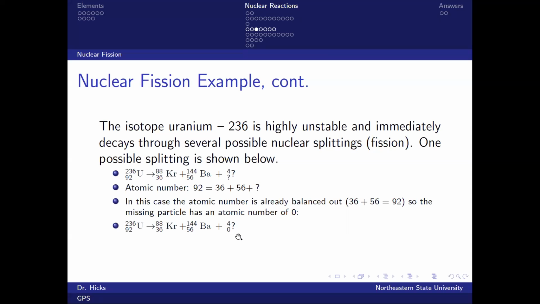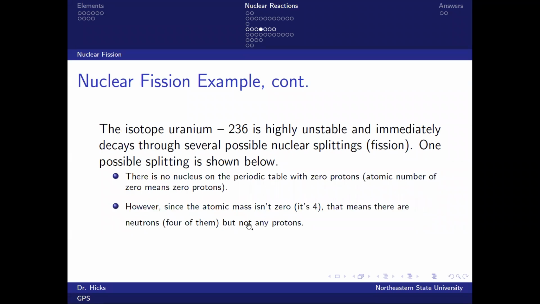Well, how many neutrons is that? Subtract the atomic number from the atomic mass, and you get the number of neutrons. 4 minus 0 is 4. This is just 4 neutrons. So the missing particle is 4 neutrons. And I figured that out because the atomic number was balanced. So I wasn't missing any protons, and that means I'm not missing any nuclei. So that has to be a neutron.